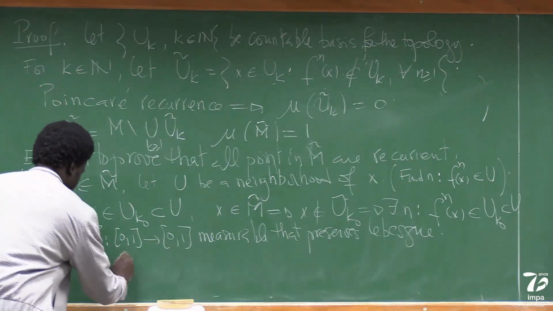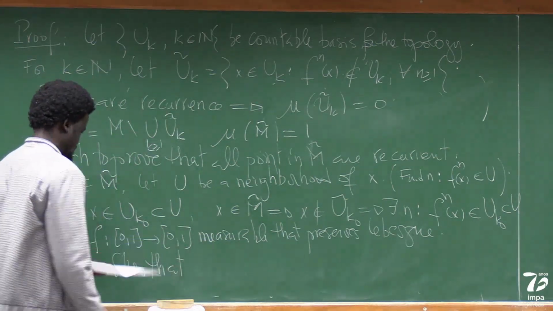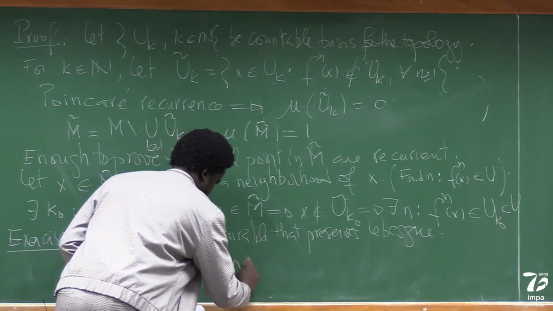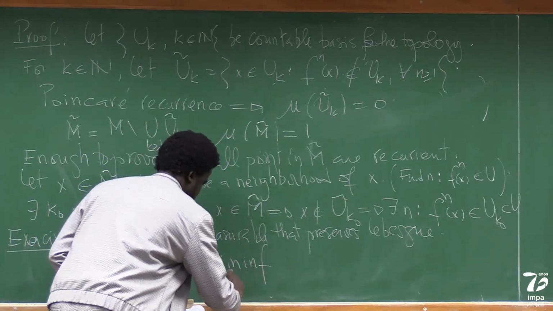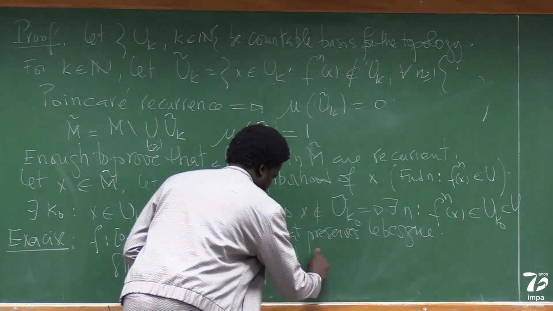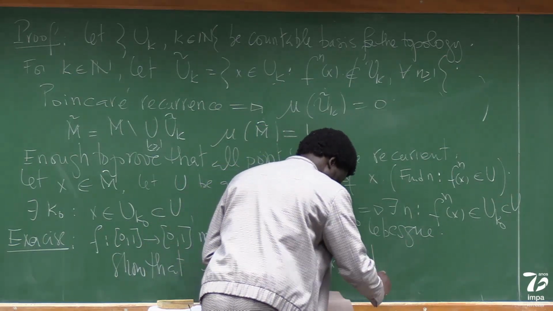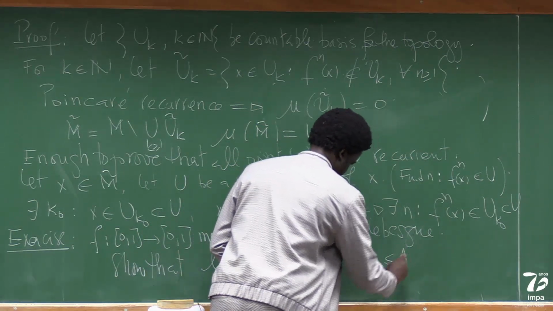Now show that the lim inf as n goes to infinity of n times |f^n x minus x| is less than 1.